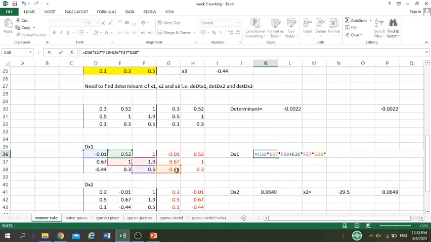Then finally, we subtract the multiplication of the numbers along these diagonal lines.